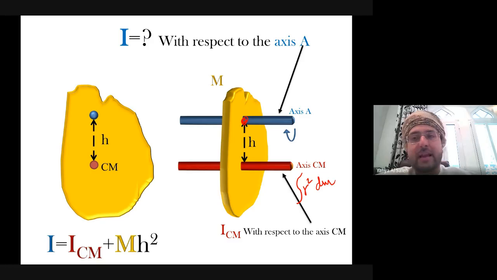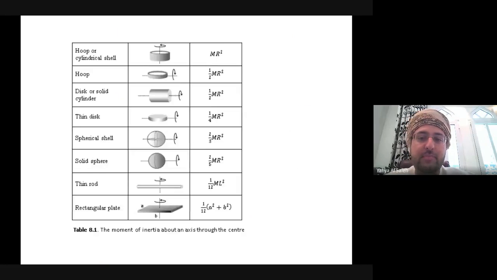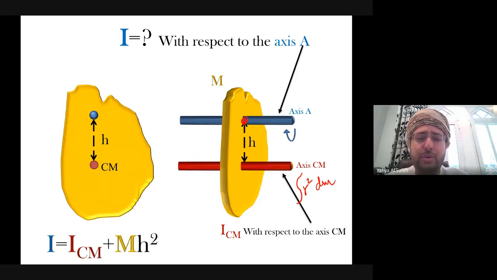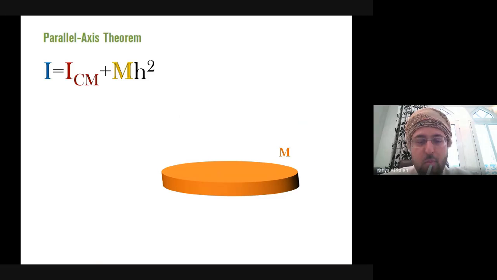Either I have calculated it, or I found it in a ready-made table like this. I know what it is about the center. So I take that and I add to it the total mass multiplied by the distance squared between where my axis is and where my center of mass is. We call this the parallel axis theorem.